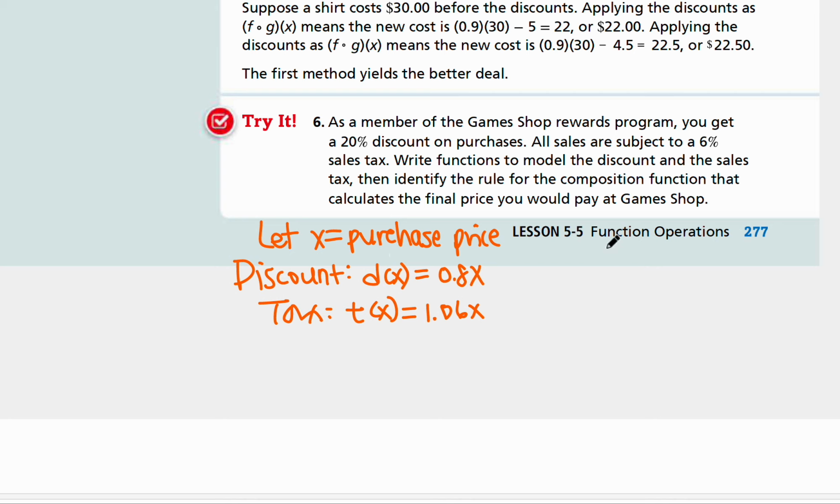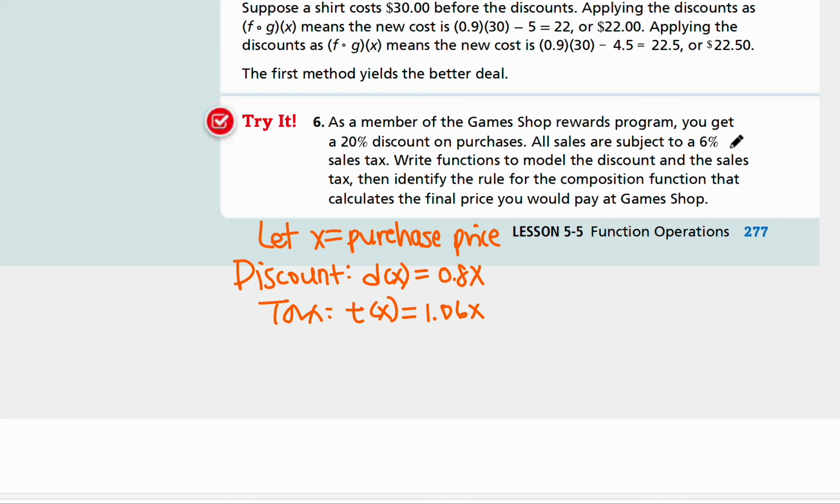And so we can write functions to model this, right? So we wrote the function models, and then we can identify the rule for the composition of functions that calculates the final price you would pay at Game Shop. You get the 20% discount first, and then you pay the tax.